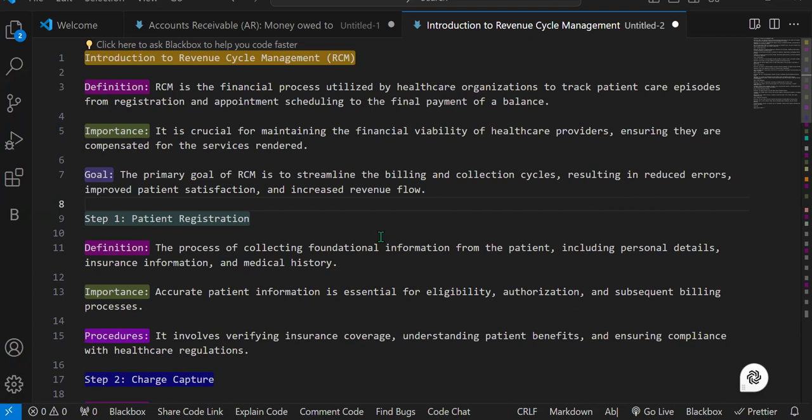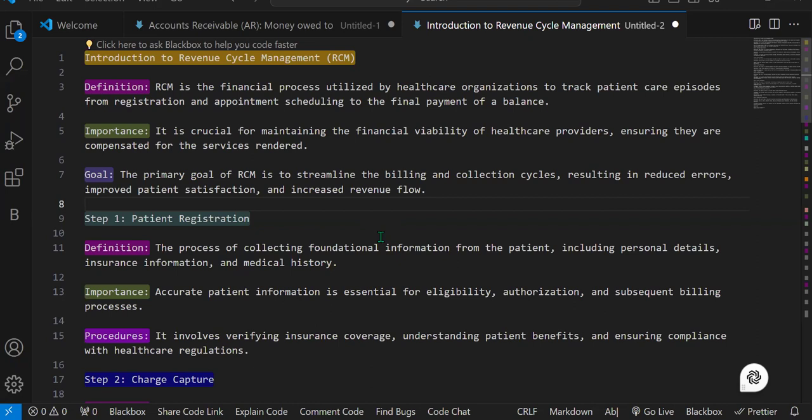Definition. RCM is the financial process utilized by healthcare organizations to track patient care episodes from registration and appointment scheduling to the final payment of a balance. As I told you, it is a process where the patient will go to the hospital and take the treatment from the doctor, and the insurance will pay that amount to the hospital, like a doctor's hospital.